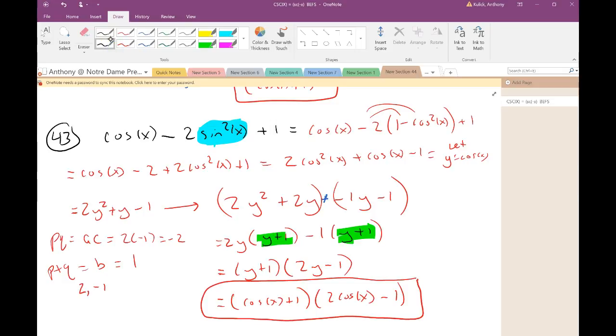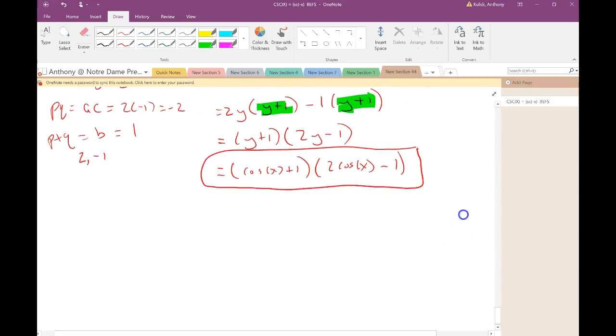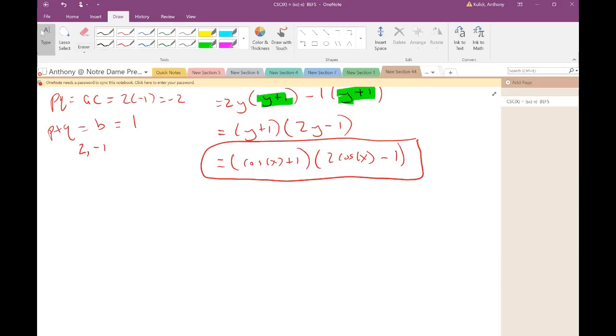Mr. Kulik, that's pretty hard. Do I have to do that in the test? Probably not. That's a little bit too hard, I think, for a test question. There's a lot going on there. You have to remember that harder kind of factoring procedure, how to out-yell the weed whacker, you know.